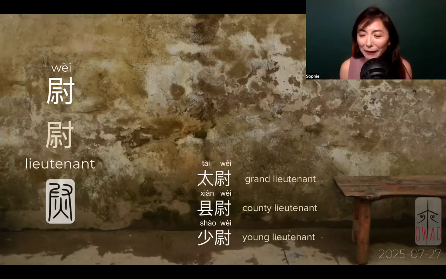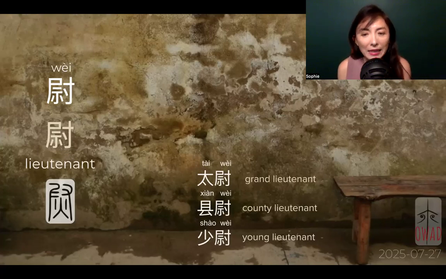So I guess ancient times also had this system of having a backup. In case something happened to the head of the county, then this lieutenant was second in line to take up the position. So that's the second most important.